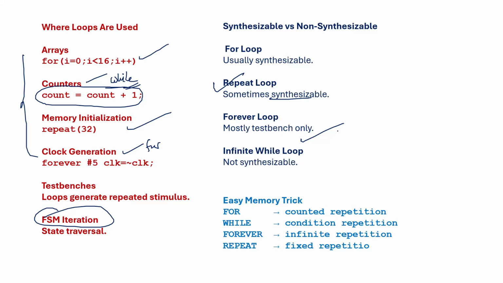Don't use it in the design. This is also mostly synthesizable. Okay, and infinite loop is not synthesizable. While loop is not synthesizable, so don't use the while loop in your design code. I told you, for loop is for counting repetitions, while loop for conditions, forever loop for infinite loop, and repeat for a fixed number of iterations. So for a fixed number of repetitions we can go for repeat.